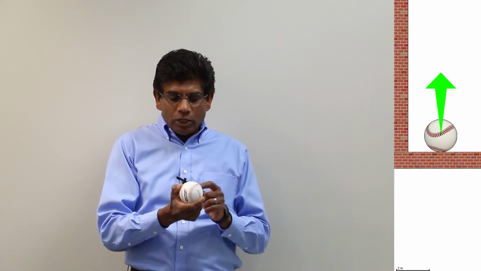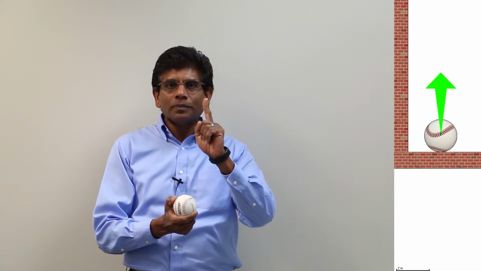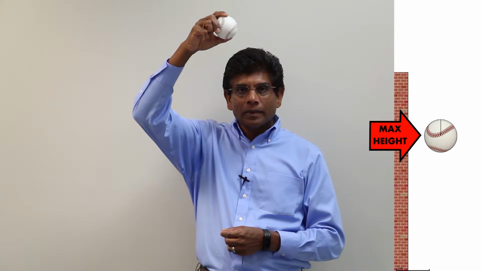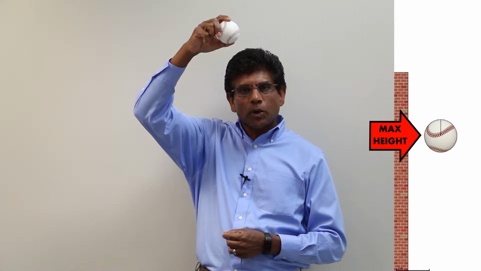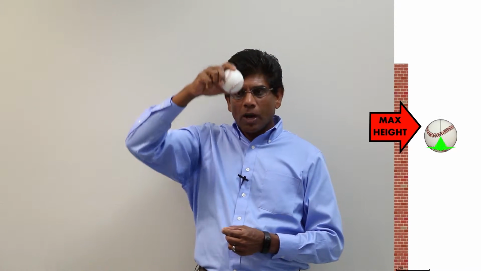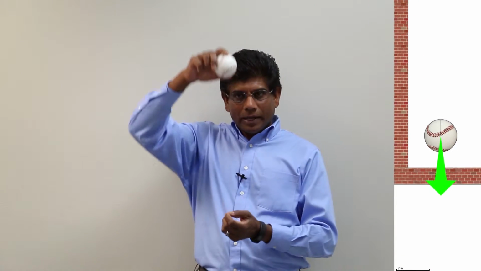In this case, the object is projected into the air with certain initial velocity. It is because of this velocity it is going up. But as it goes up, the ball slows down and the velocity becomes zero at some point in time. And this is the point that corresponds to the maximum height. The ball then starts dropping, right?